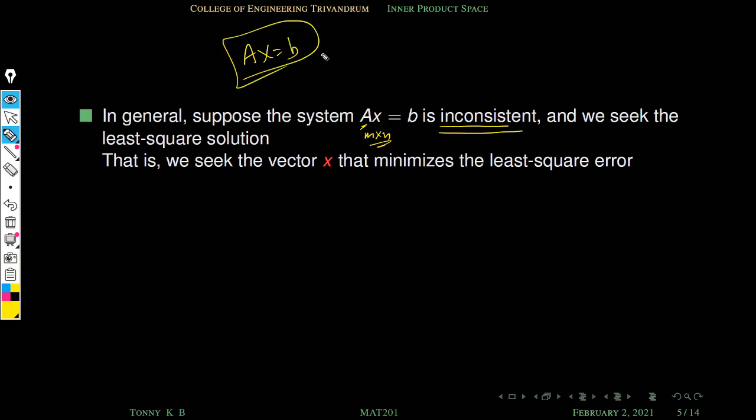You can easily solve the system using our matrix solving methods, Gauss elimination or whatever the method. But practically Ax equal to b is inconsistent, and then we seek the least square solution. We are forced to find a solution which minimizes the error. That is our problem.